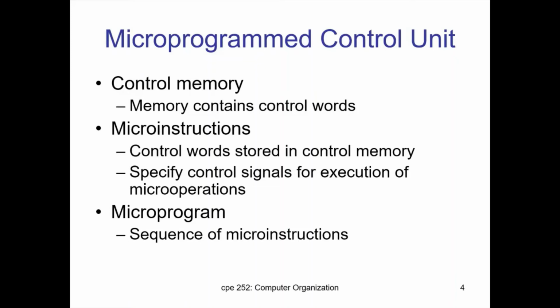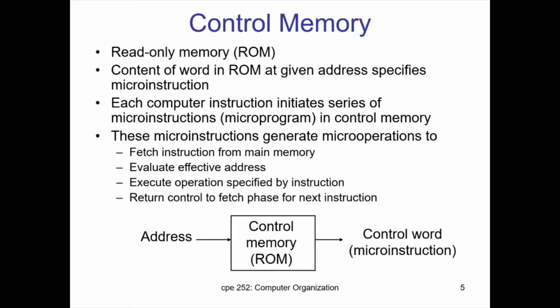All these are designed in a particular order, and that is called a microprogram. So control memory, micro instruction and microprogram are also part of the MCU. And the control memory is the main part of a control unit.